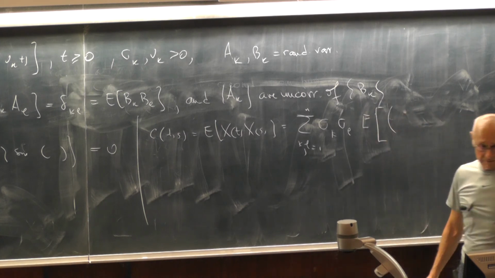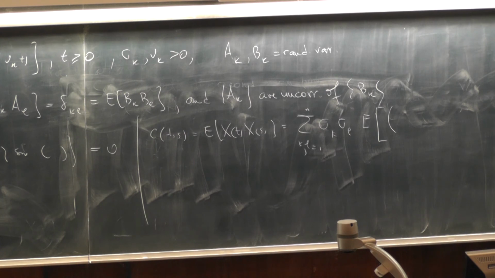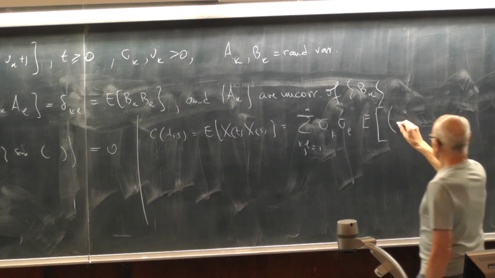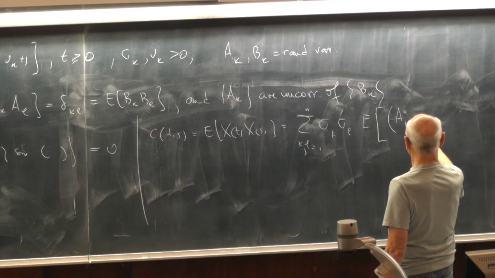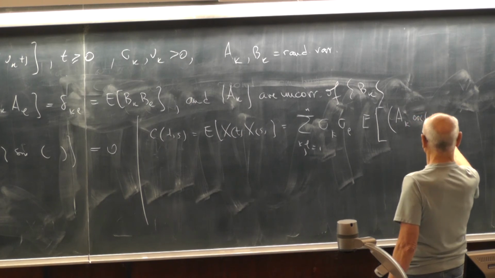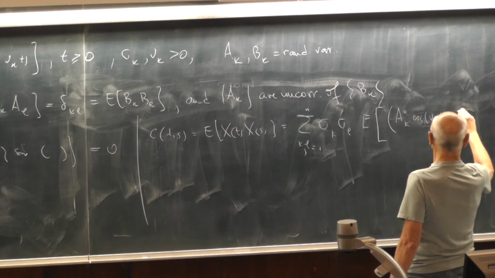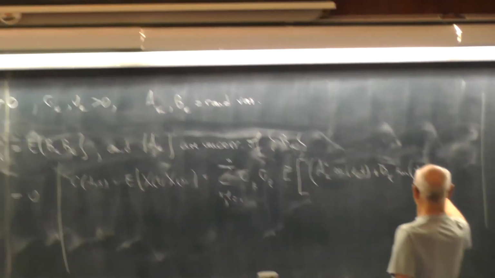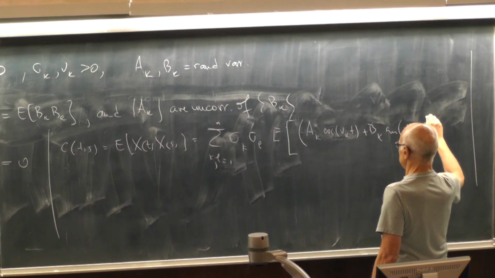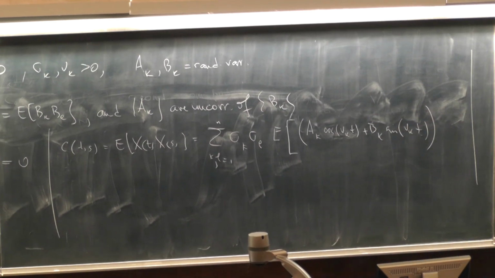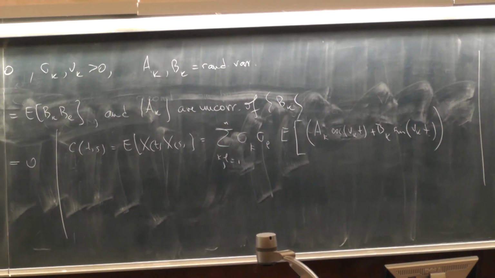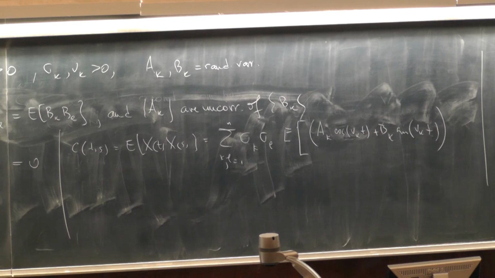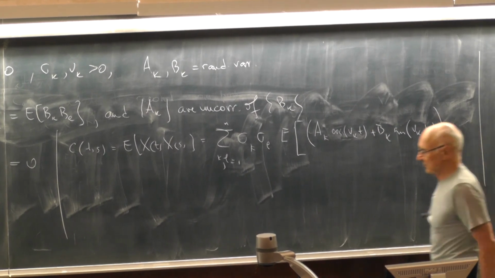So this time I have to write them explicitly because things may matter. So A_K cosine plus B_K sine, okay, so this is a parenthesis where the summation is in K and time is T. And the similar parenthesis for the other summation.